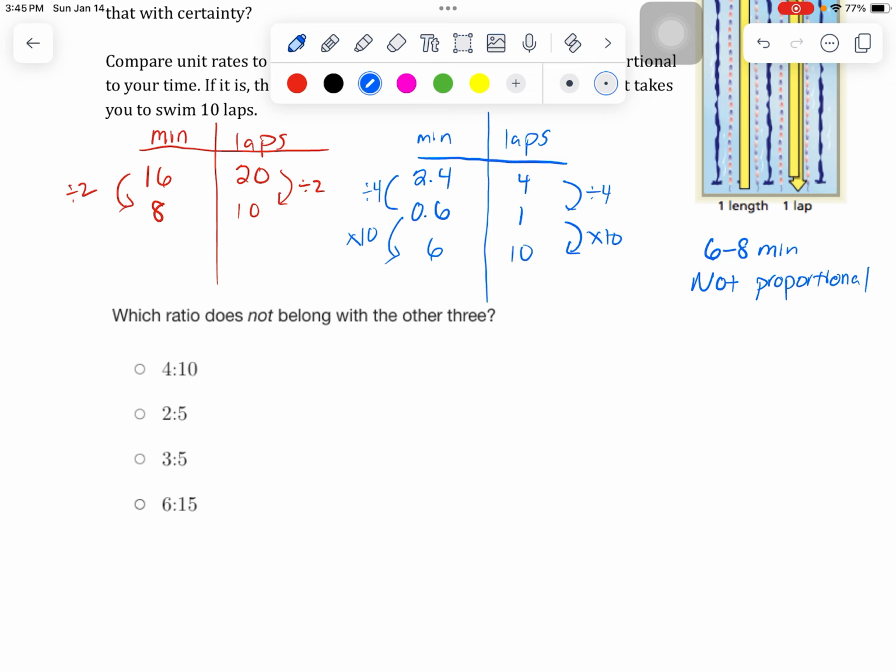So if I simplify 4/10 by dividing by 2 and dividing by 2, that ends up being 2/5. 2/5 is already simplified. 3/5. And then here I can divide by 3 and divide by 3. So I also get 2/5. So the one that doesn't belong is 3/5. The other ones all simplified to be the same.